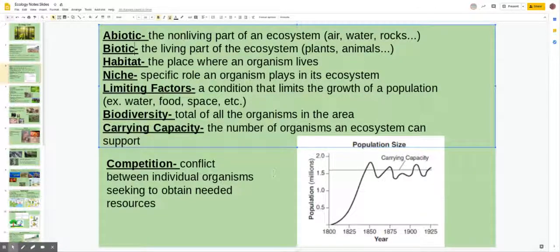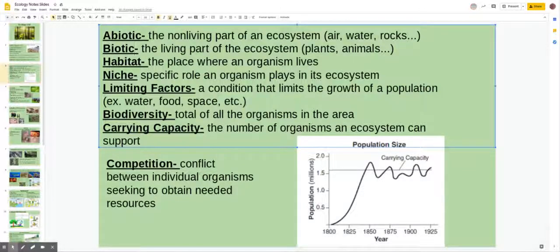Biodiversity is very important, and you're going to be doing a lab on biodiversity. Recognizing the importance of biodiversity: it is the total number of types of organisms in an area. Biodiversity is a sign of a healthy environment. So, a healthy environment is going to have a broad variety of types of organisms.